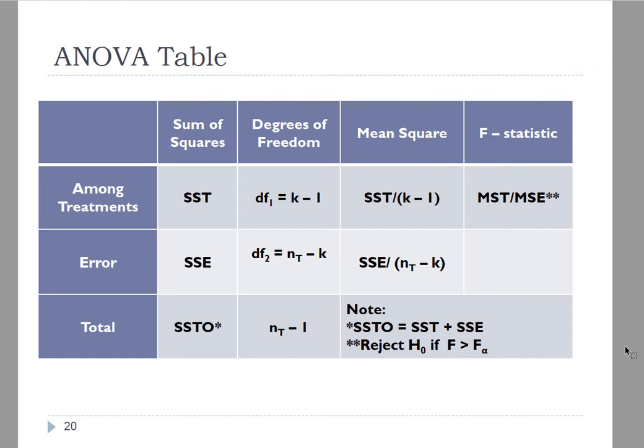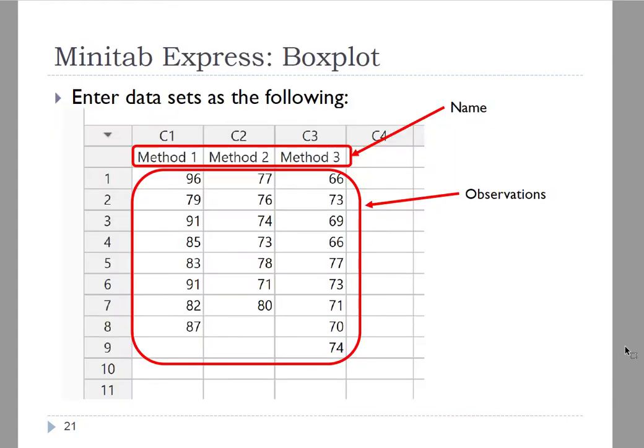So I want to go over really quick how to set up a box plot in Minitab Express. You're going to open it, and enter your data sets as follows. Remember, you've got your names here, and these are your observations in each column. Then you're going to select that.